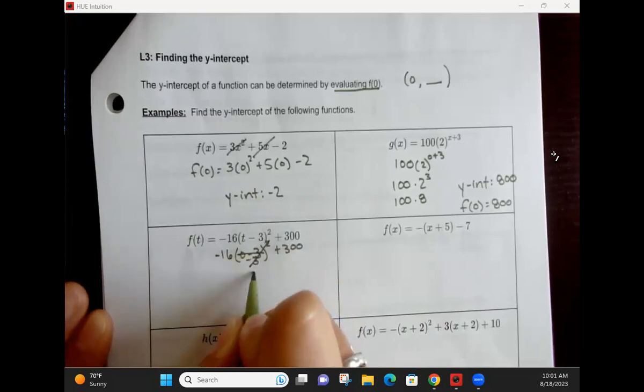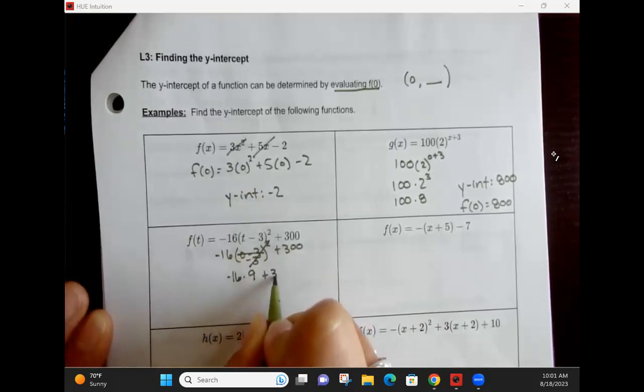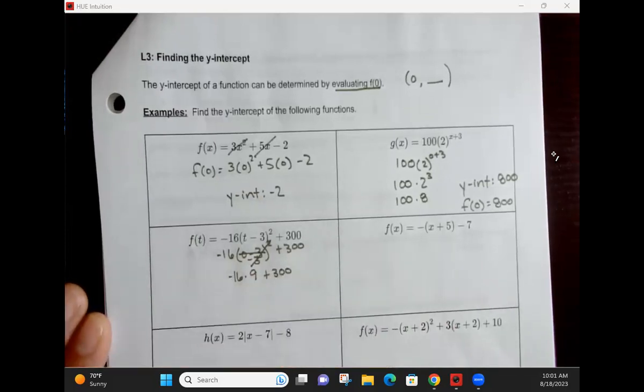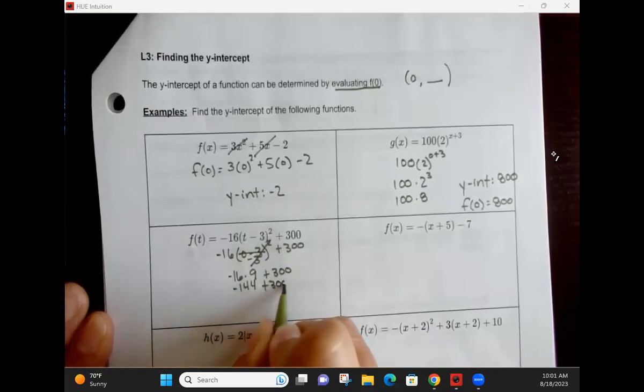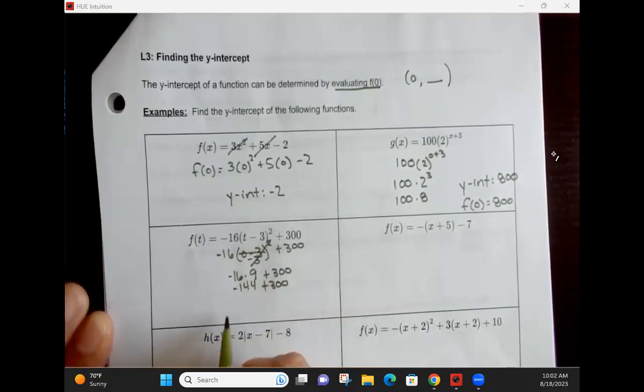When I square -3, I get 9. So we've got -16 times 9 plus 300. That would be -144 plus 300, which gives us a y-intercept, or an f of 0, of 156.